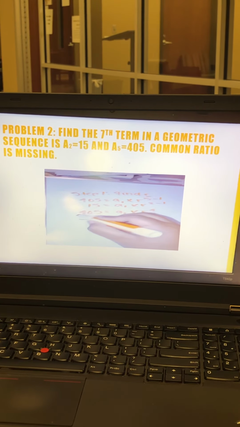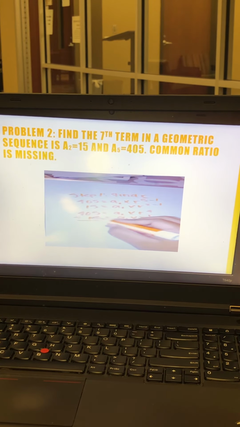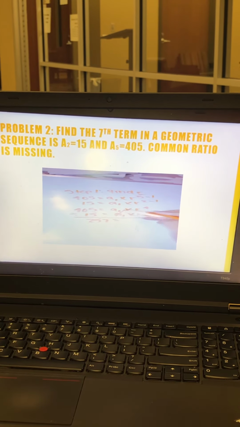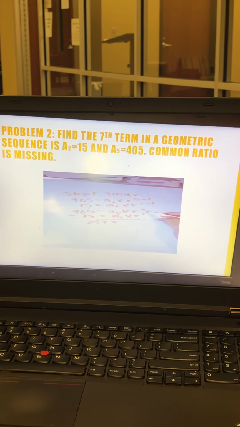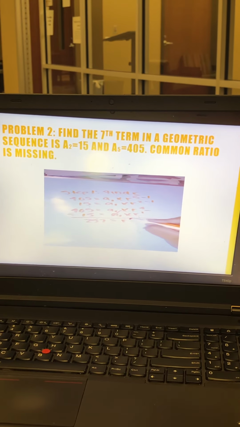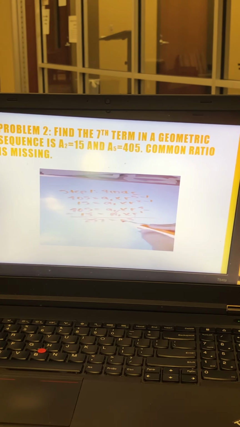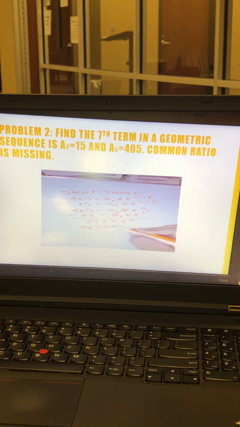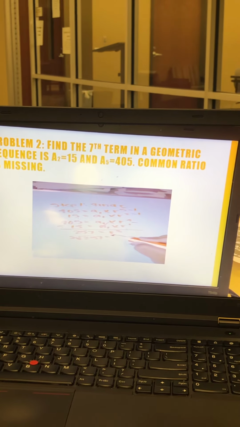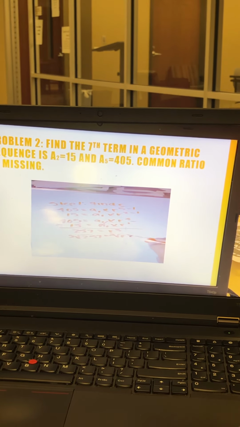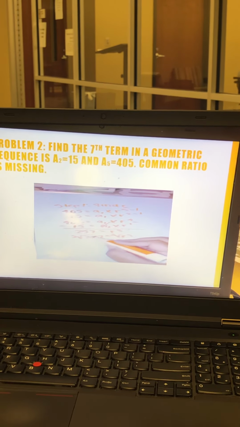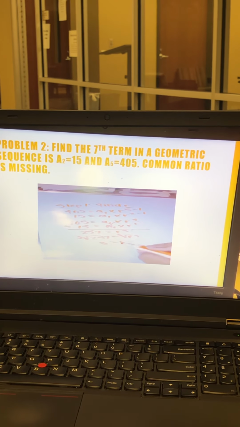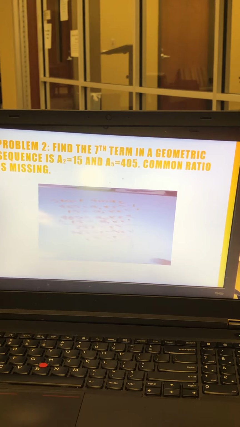So you're going to divide these two. 405 divided by 15 gives us 27. The a sub 1 cancels. r to the 4 minus 1 gives us r cubed. To get r by itself, we're going to take the cube root of 27 and the cube root of r cubed. The cube root of 27 is 3, and the cube root of r cubed is r. That is our common ratio.